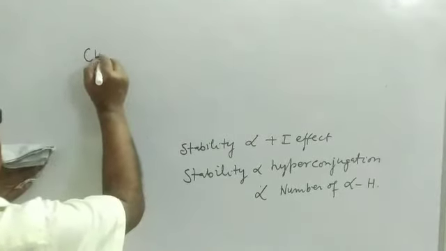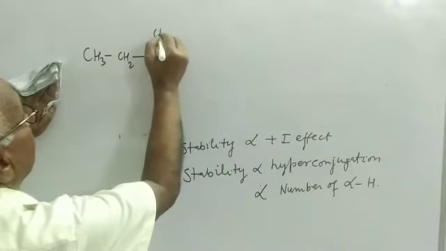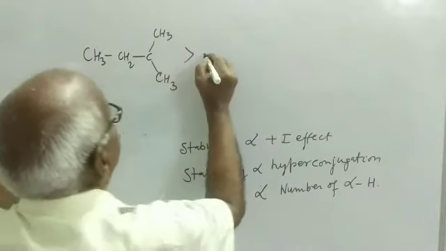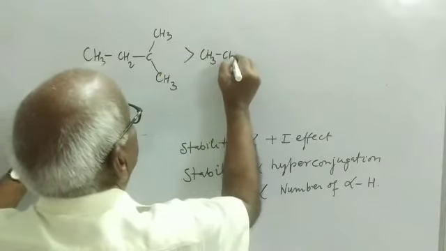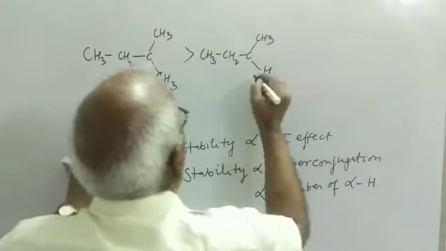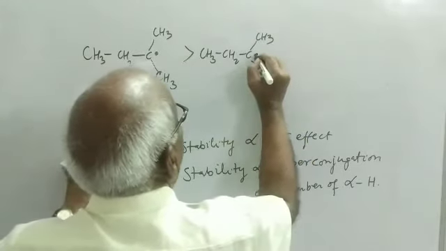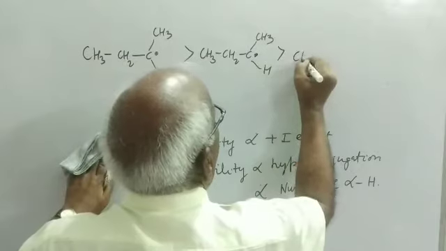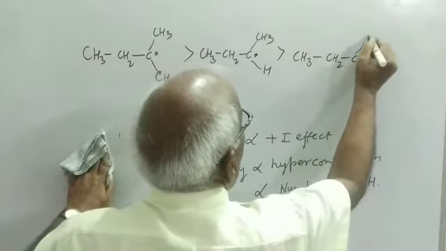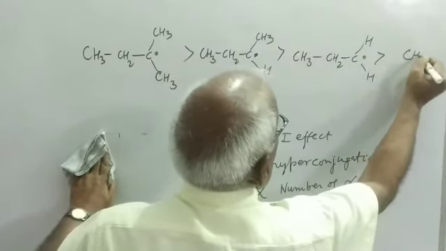Now example for this is, say it is CH3, CH2, CH3, CH3 CH2 CH3, it is more stable. This is the free radical, and in turn CH3, CH2, CH and CH, and lastly it is the CH3.